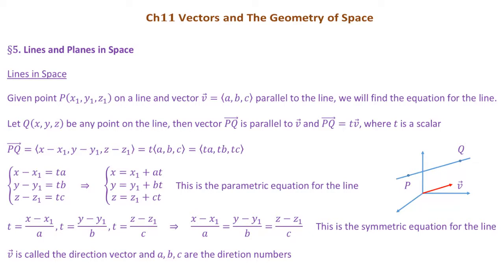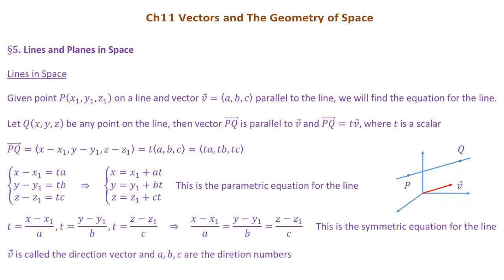So again, let Q be any point on the line, then we can draw a vector from P to Q, and this will be parallel to the vector v as given in the problem. If two vectors are parallel, then we can write one vector as a scalar multiple of the other vector. You just change the length of the two vectors, but the direction stays the same.